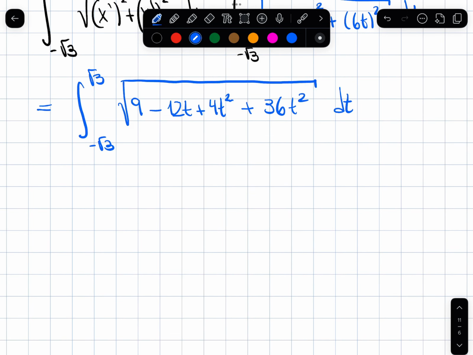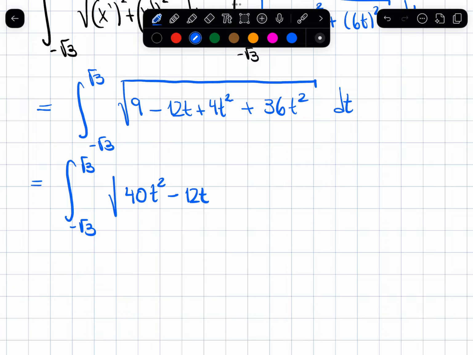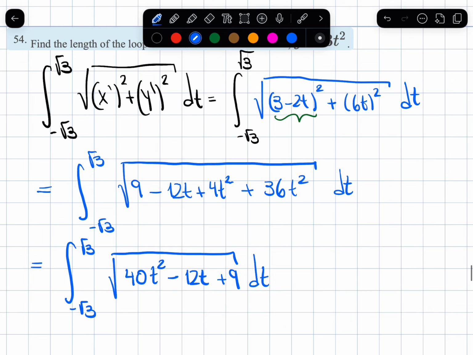I think I have enough space at this point. So this is the integral from negative root 3 to root 3 of 40t squared minus 12t plus 9 dt, and I believe I'll be completing the square here. Isn't that correct? Let me see. Double check my calculations, see if everything's okay.